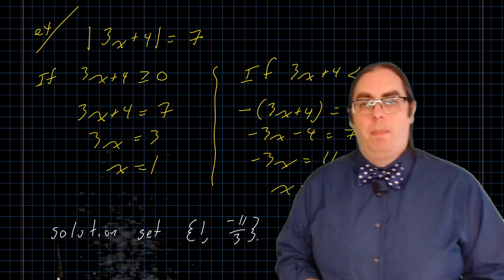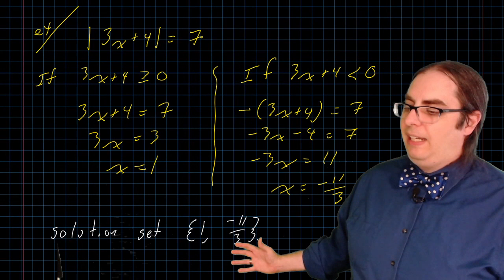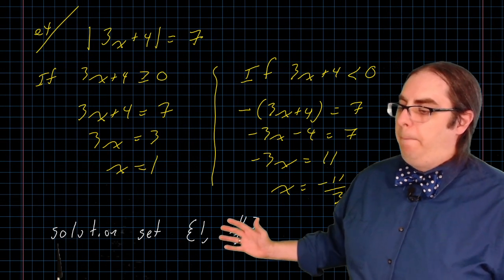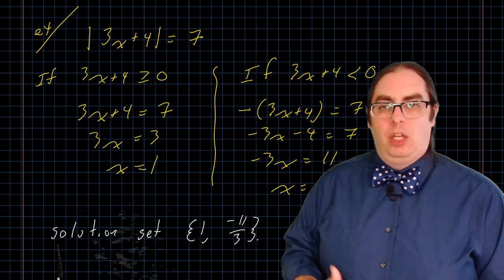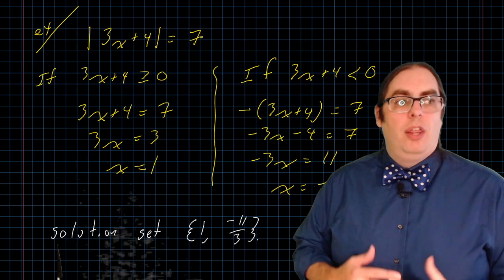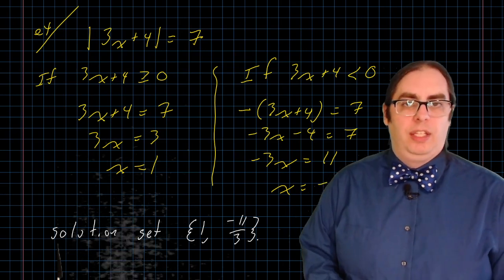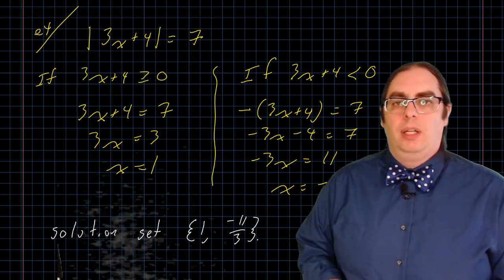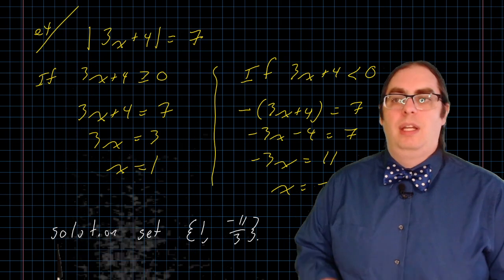I don't know. The idea of a solution set is that both 1 and negative 11 thirds solve the equation. They both satisfy the equation. And there is nothing else other than these 2 points that satisfy the equation. So when we talk about solution sets, that's the shorthand we're using.